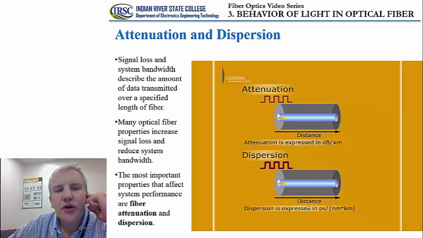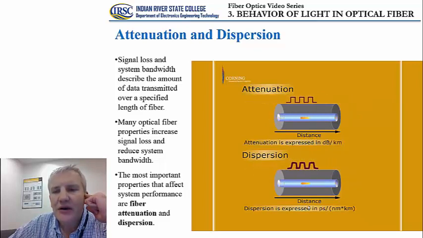Many optical fiber properties increase the signal loss and reduce the system bandwidth, and attenuation and dispersion, shown here graphically on this slide, are the main culprits that cause this specific loss of signal in an optical fiber.